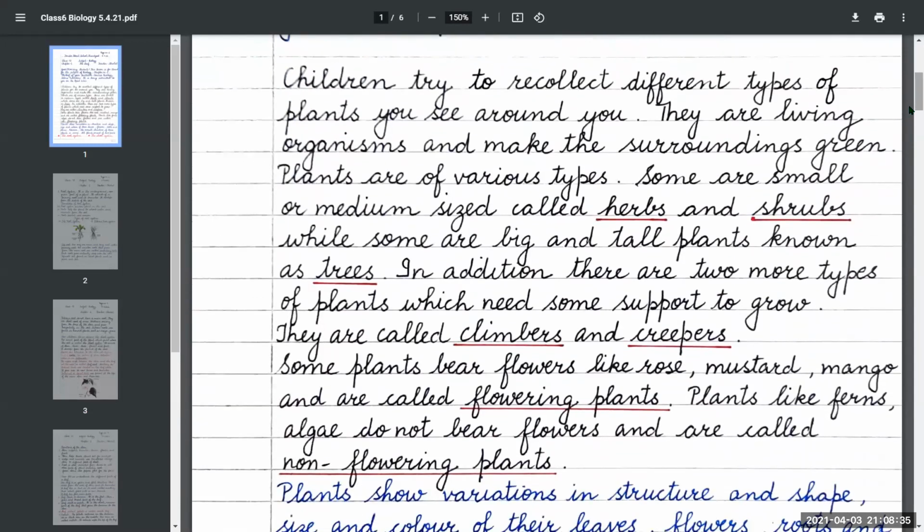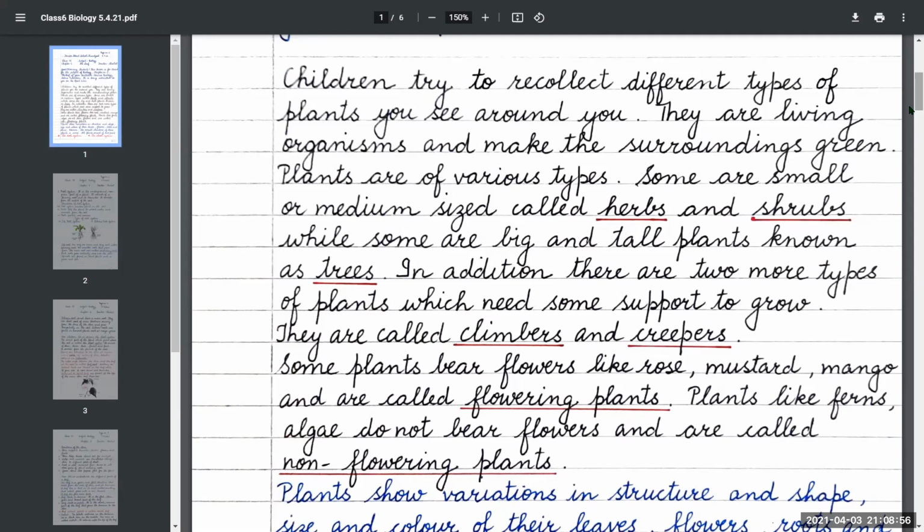Children, try to recollect different types of plants you see around you. They are living organisms and make the surroundings green. Plants are of various types.